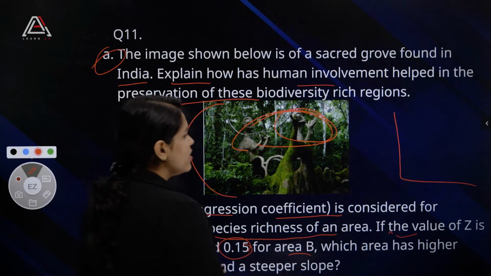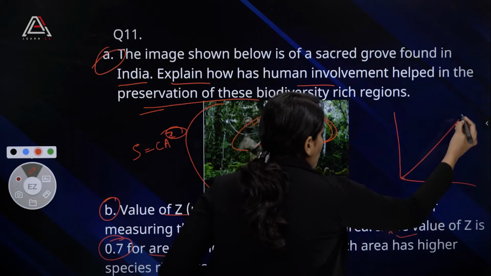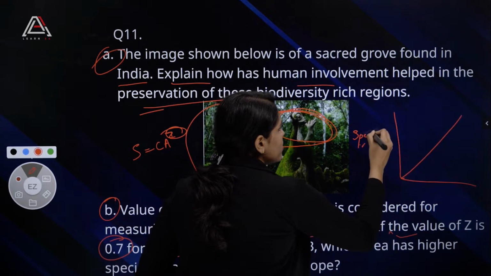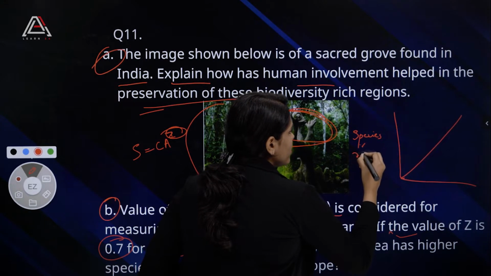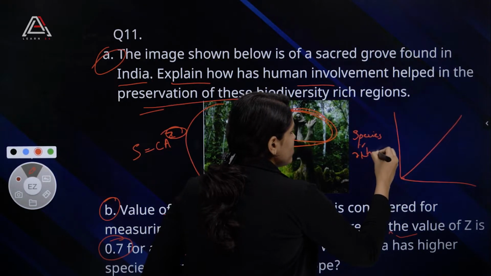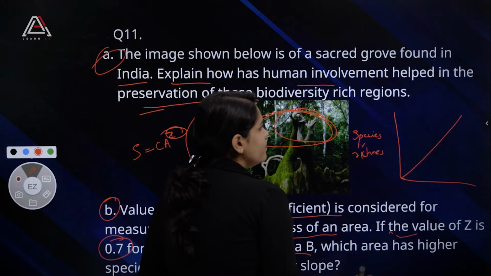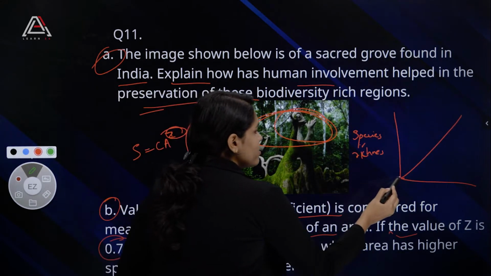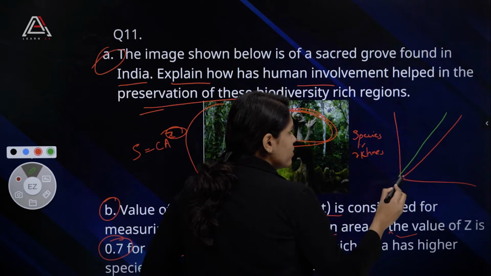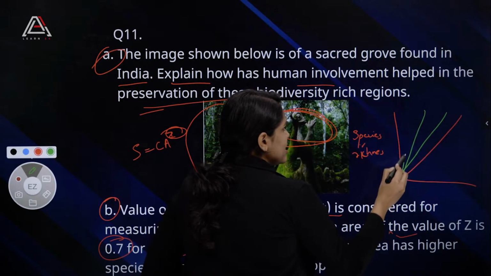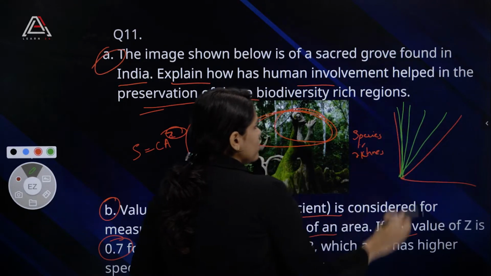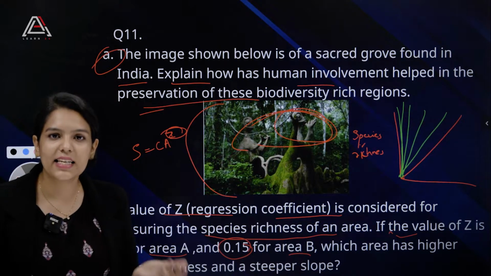Now considering a graph, there is a slope. Here you can mention species richness. As there is a steeper slope, the species richness will increase.